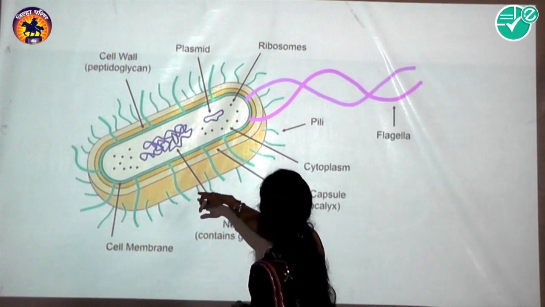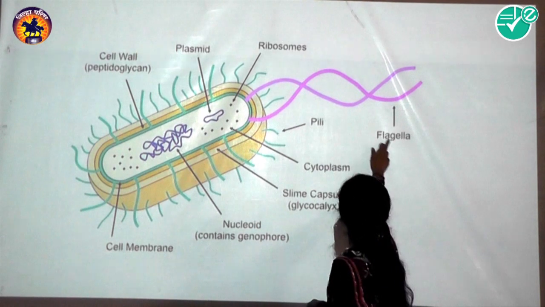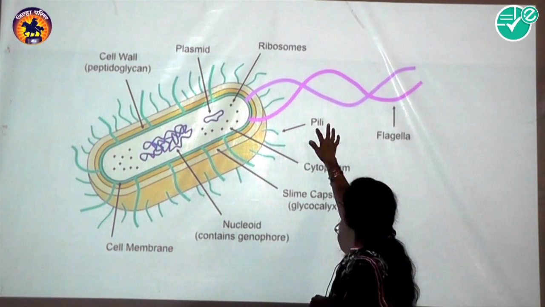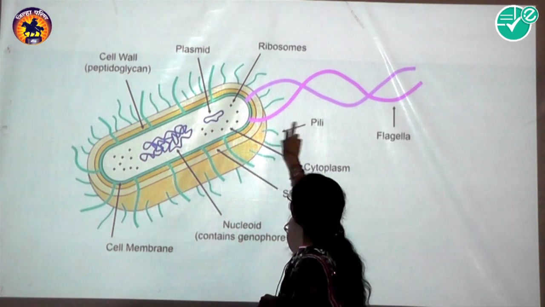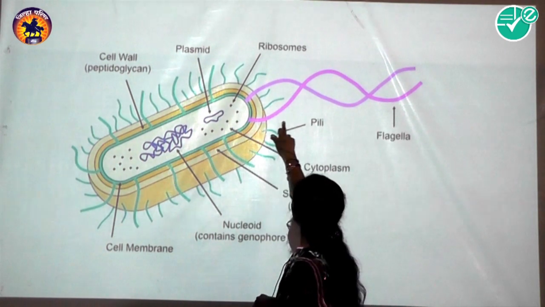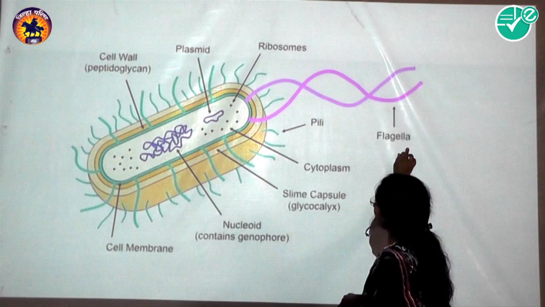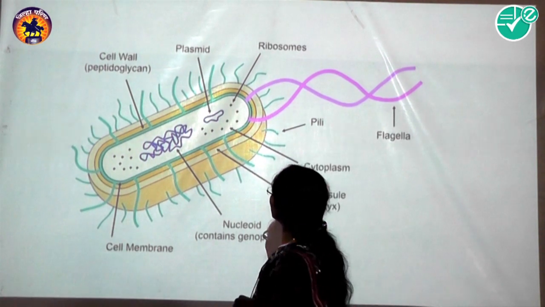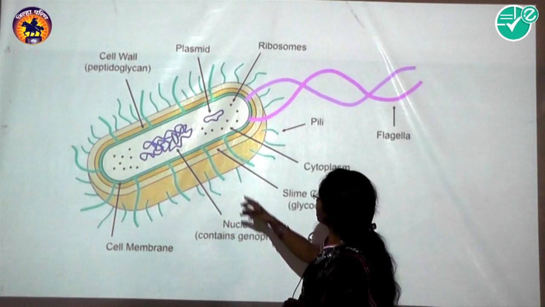These are called pili and flagella. Pili, flagella and fimbriae, all these are extensions originating from the plasma membrane.